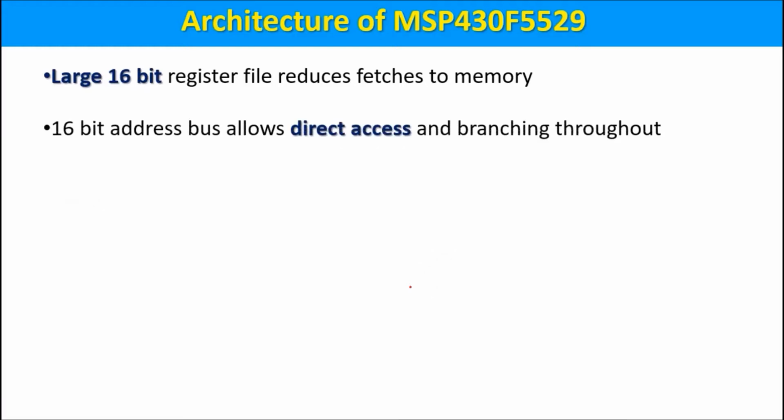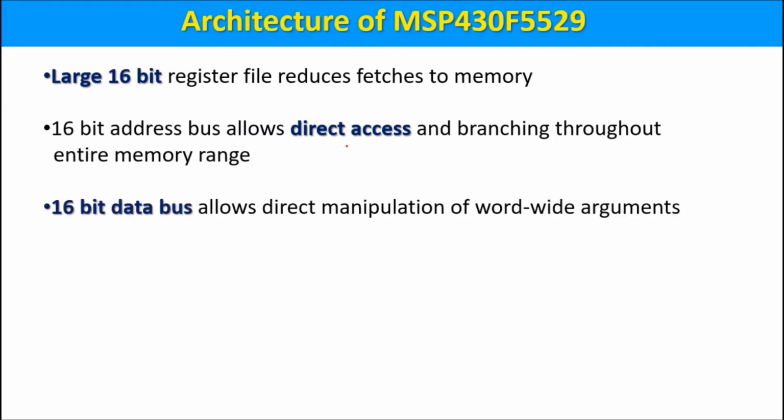Large 16-bit register file: since it is RISC architecture, more registers are there, which reduces fetches to memory because data will be stored in the register itself. A 16-bit address bus, which allows direct access and branching throughout the entire memory range. A 16-bit data bus allows direct manipulation of word-wide arguments.